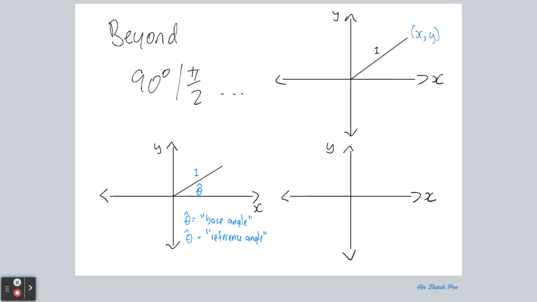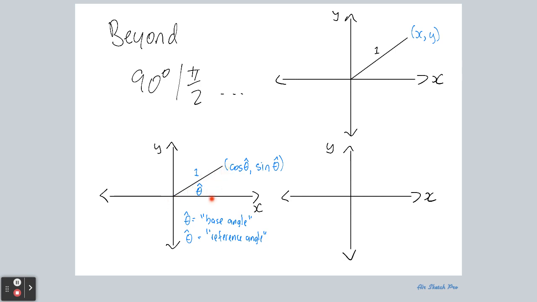So if I take that to my coordinate system, then my xy would become x is cos theta hat, and y is sine theta hat. And so what we've got here is an angle that is formed with the x-axis and this unit line, with the vertex being the origin.